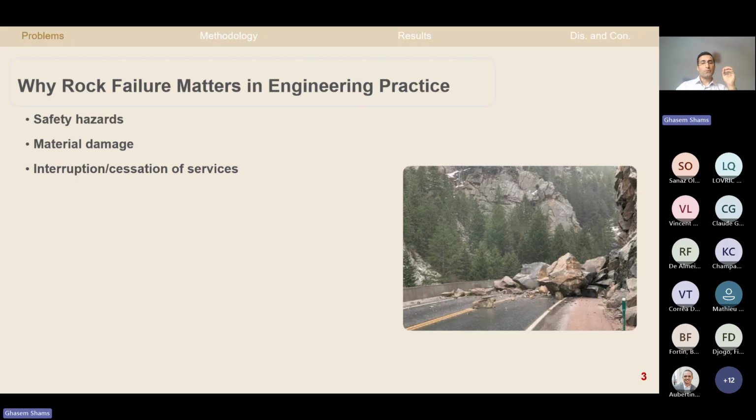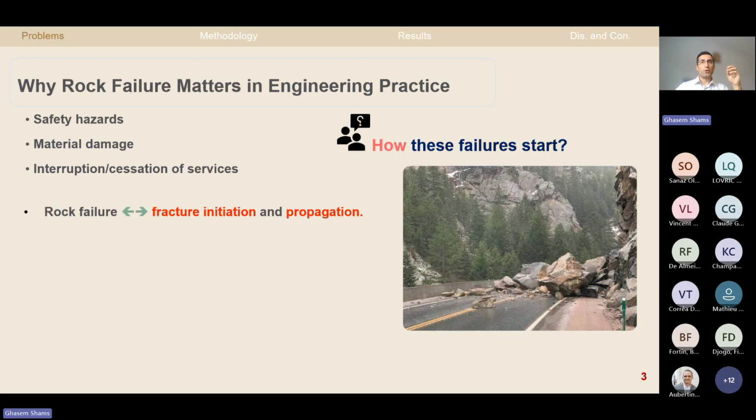But what's less visible and far more important to us as engineers is how these failures start. Because as I said, we see only the final visible fracture or failure. Almost every catastrophic rock failure begins the same way, with the initiation and propagation of microcracks.